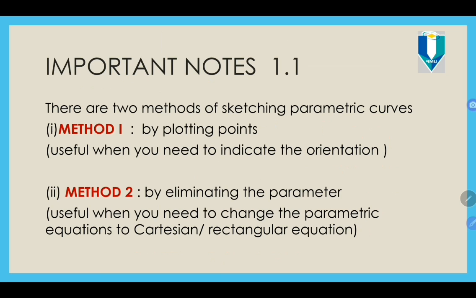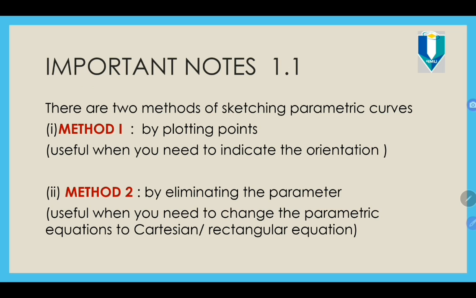The important thing here for 1.1 is that you have two methods of sketching parametric curves. Method number 1 is by plotting. This is useful when you want to indicate the orientation. So if you need to indicate orientation, method number 1 is useful. Method number 2 is to eliminate the parameter t.